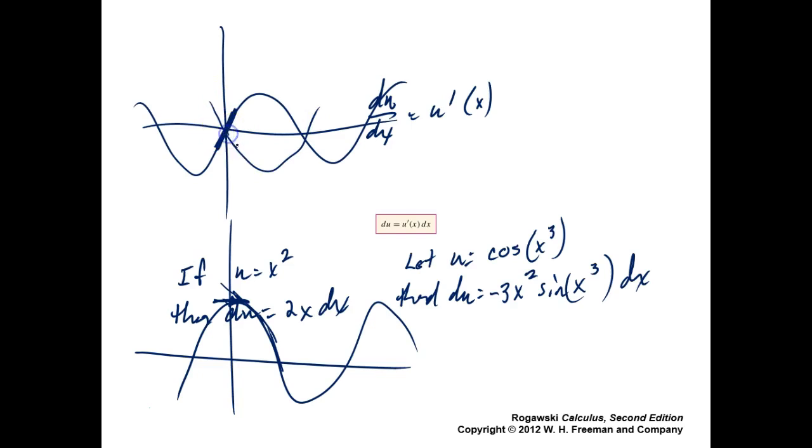It starts at 0, but then it goes negative. But the derivative of sine starts at 1 and is positive for a while until it goes here. So you see, the derivative of sine is cosine, but the derivative of cosine is minus sine. If you remember how the graphs look, that should help you keep straight on that.